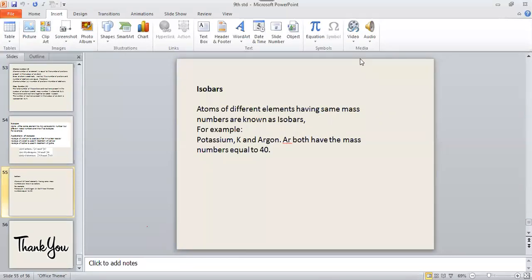The first example is potassium, having symbol K. Atomic number is 19 and mass number is 40.